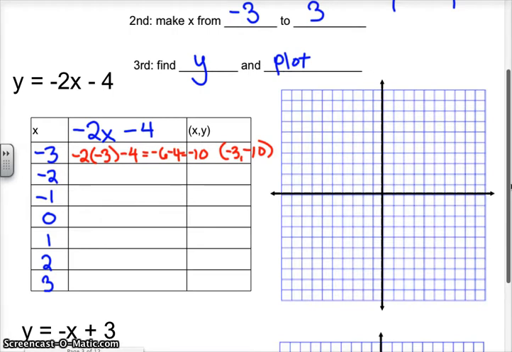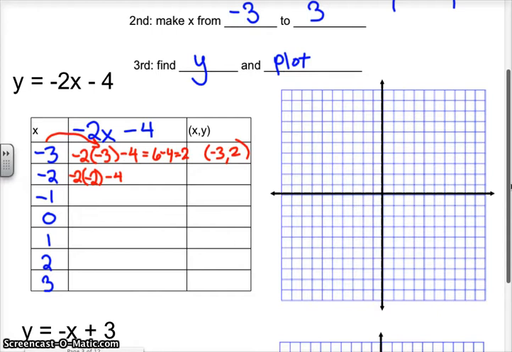Notice this -3 just got plopped right into the equation where the x is. The next one, this is going to be -2 times -2. Uh-oh, I messed up. Minus 4. Do you see my mistake? Yeah, that's supposed to be +6. 6 minus 4, 2, (-3, 2).